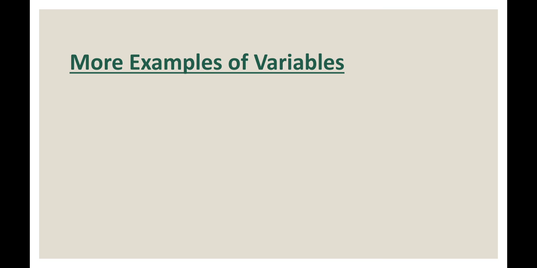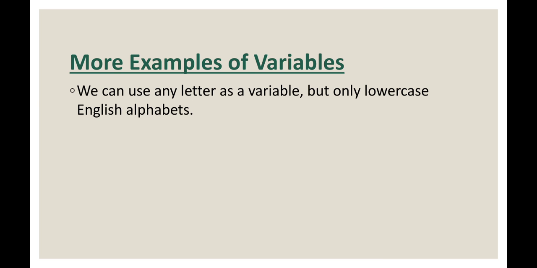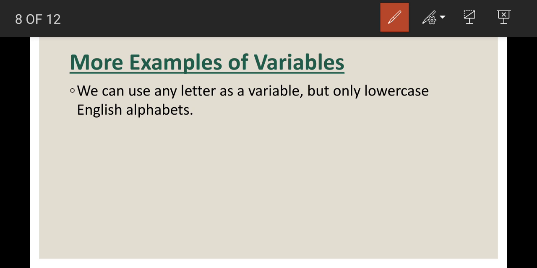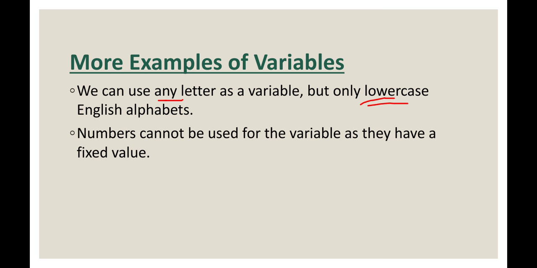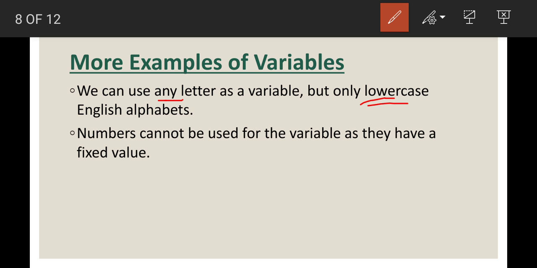Next, move to some more examples about the variable. We can use any letter, as we have already discussed, any small letter as a variable, but only lower case. A number cannot be used for a variable as it has a fixed value. We can't write 3 in place of 2. 2 is not equal to 3.